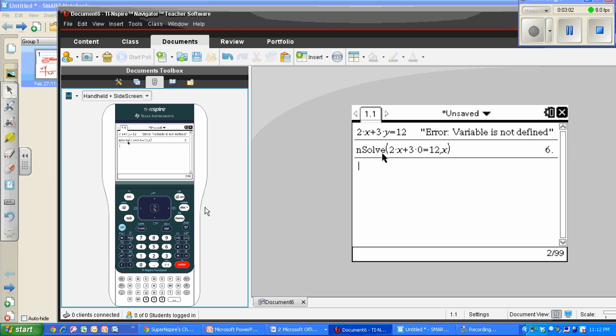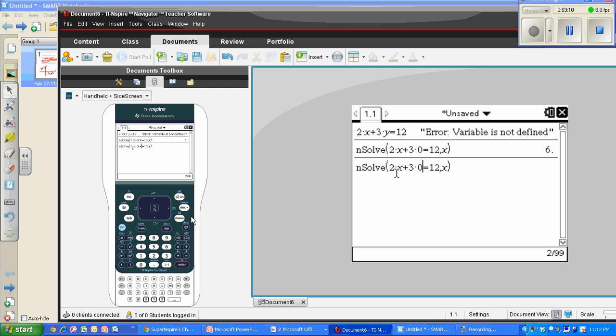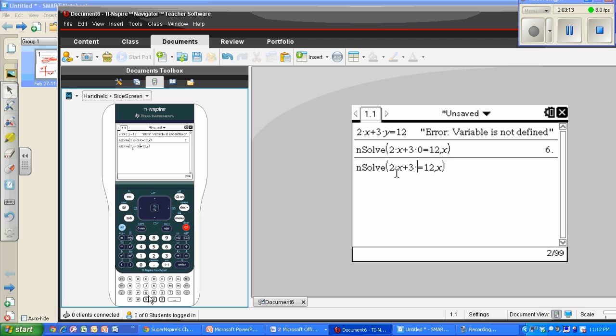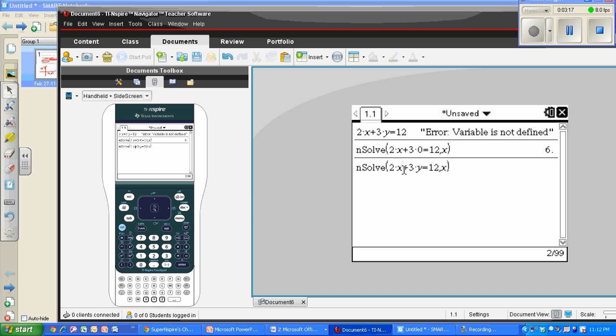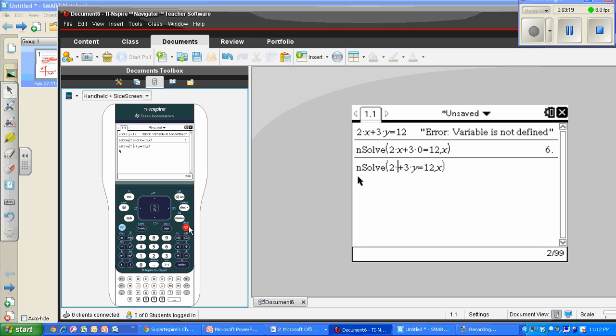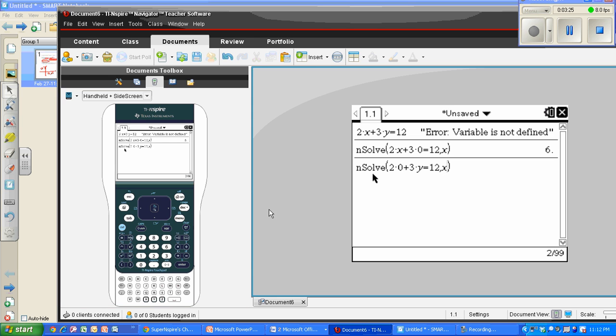Now we go ahead and copy it. So you go up, hit enter, and then we go back and put it in here, and we solve for y when x is 0, right? So that means you have to change this variable to y.